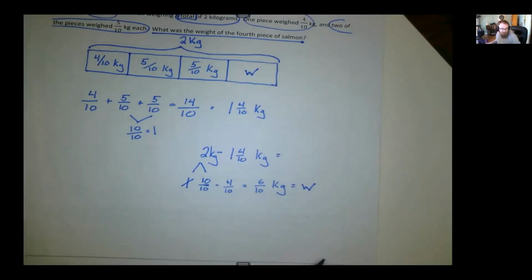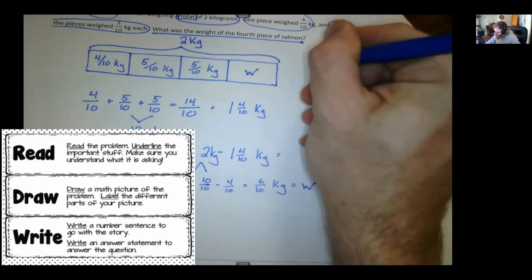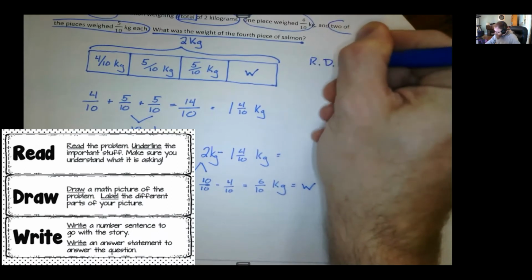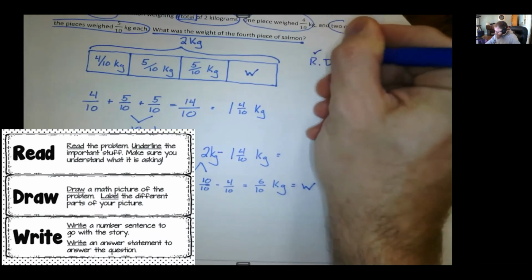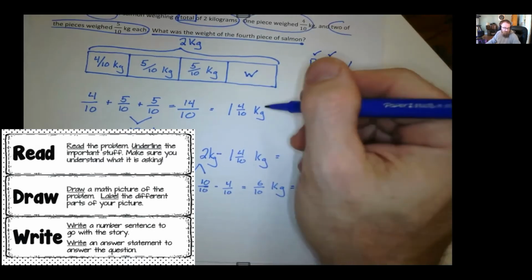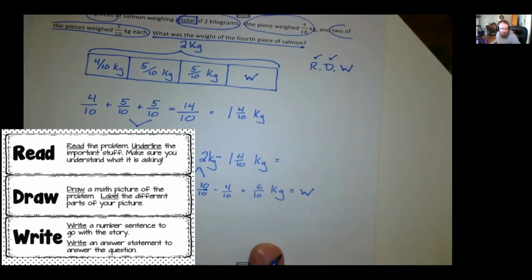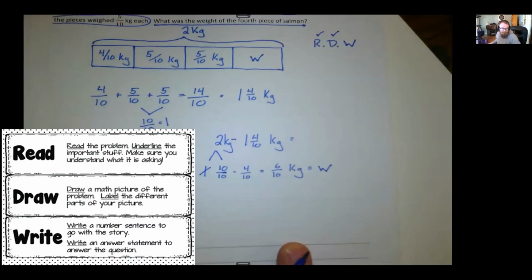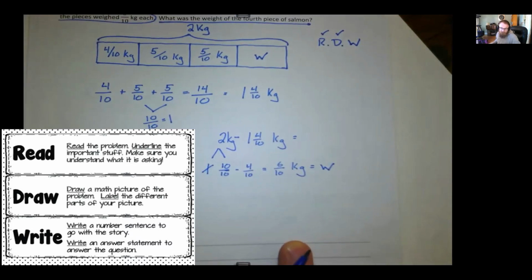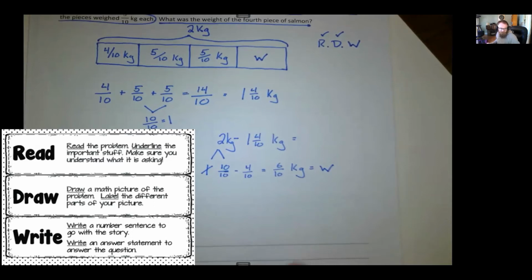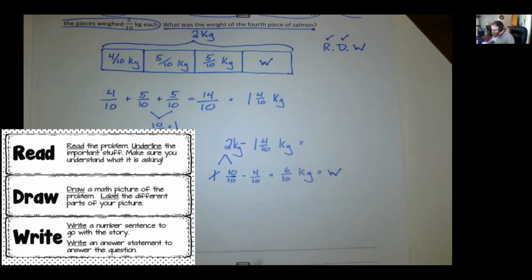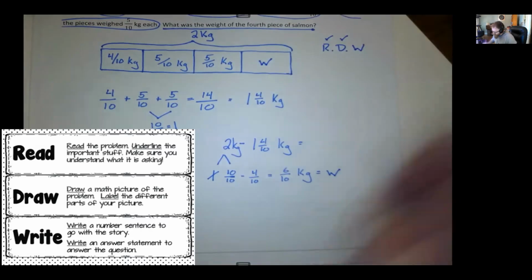Okay, so don't forget we're using the RDW strategy. Read, draw, write. We read, we drew. We've already started writing in number form, and we need to write our final answer in a word sentence, right? So 6/10 of a kilogram is the weight of the 4th piece of salmon.